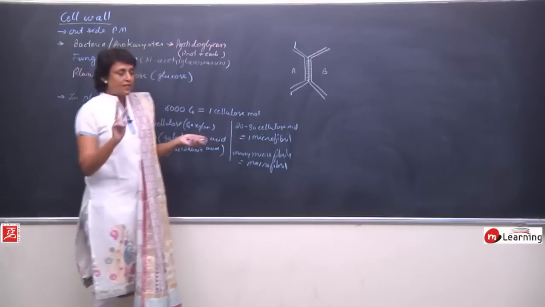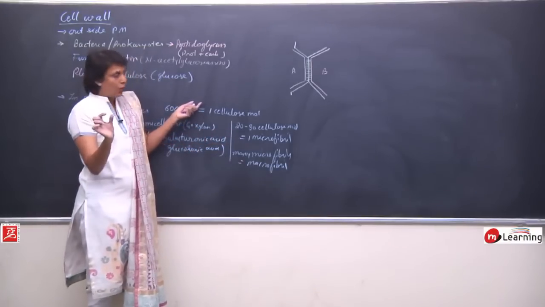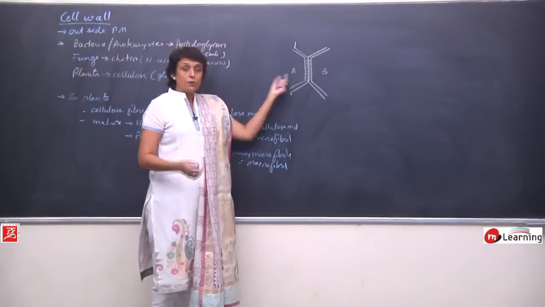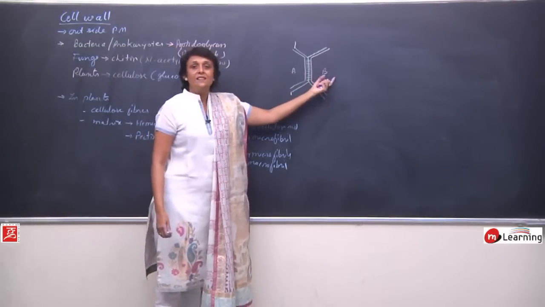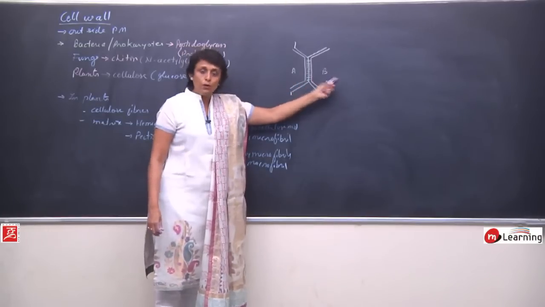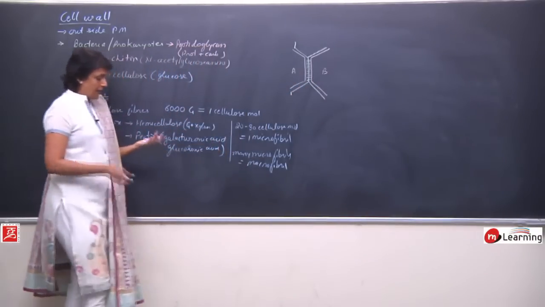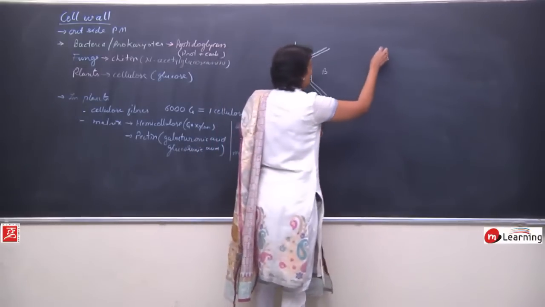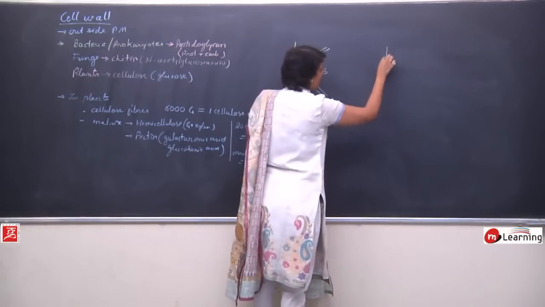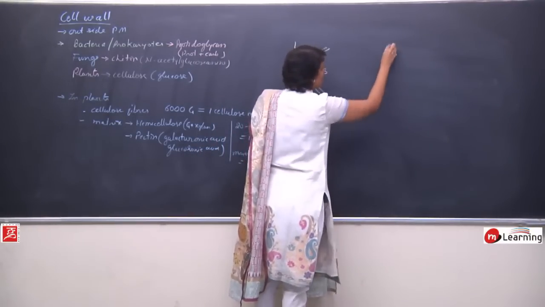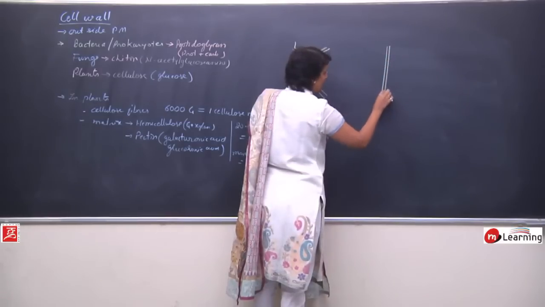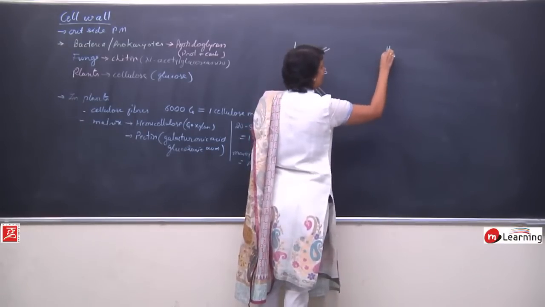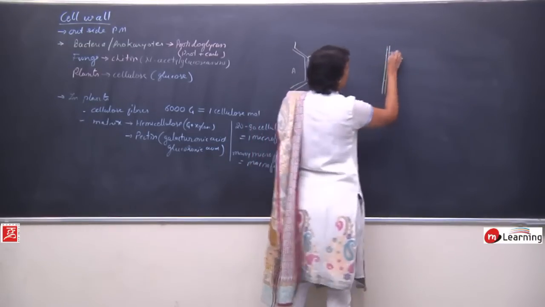So between two adjacent cells, there is a common cell wall. When cell A considers its cell wall, that becomes the wall of the other cell also. If we see the structure, every cell wall has a middle part which is made up of calcium or magnesium pectate. This is called the middle lamella.